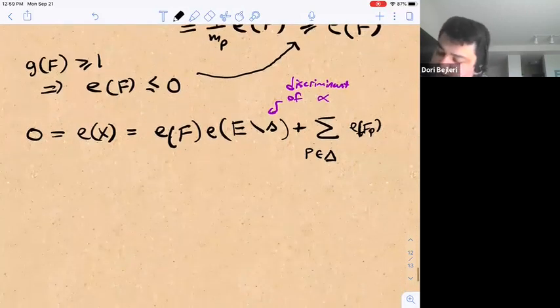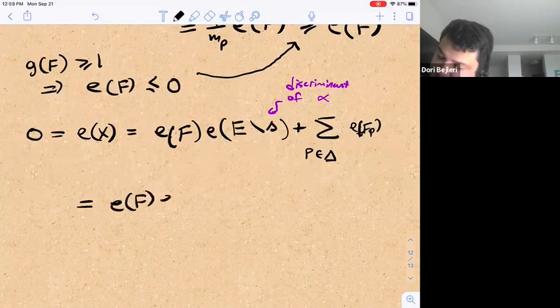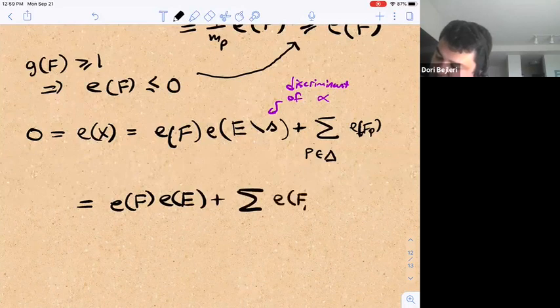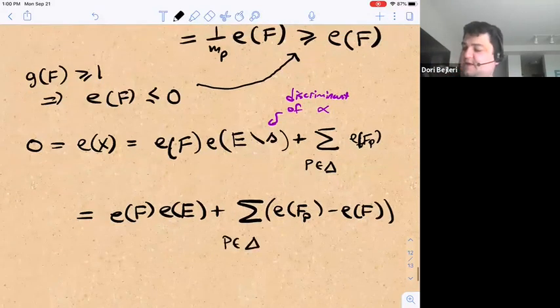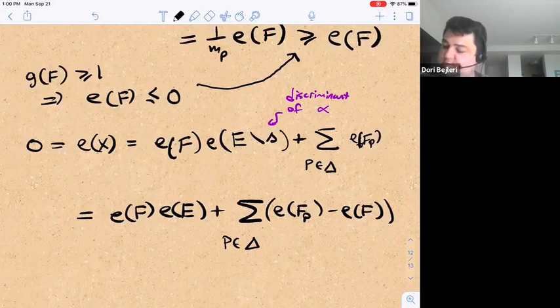And now we can rewrite this. We can throw back in these deltas, these points of delta. So we can rewrite this as E of F, E of E, plus E of FP minus E of F. So just for every point in delta, I've added back E of F into the first term and then subtracted it from the second term.